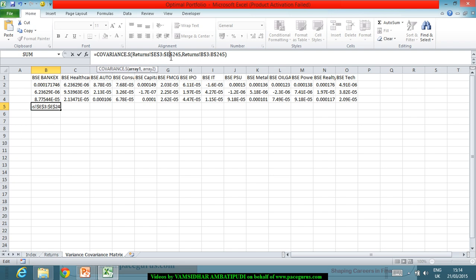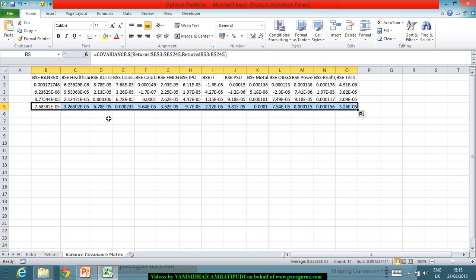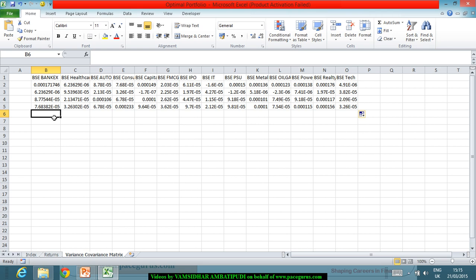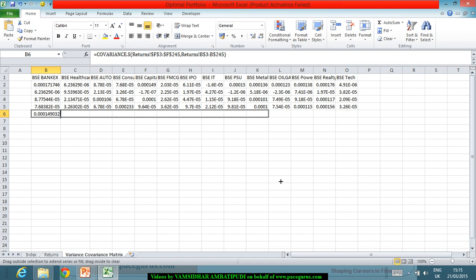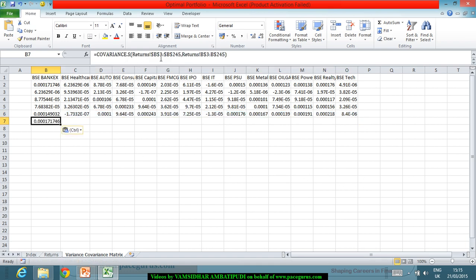Otherwise, you can think through a formula using index and offset, which can generate a similar effect for you. Right now, I'm not getting into the specifics of using the index and offset formula to generate this variance covariance matrix, because here it's just the conceptual part that you need to be comfortable with.